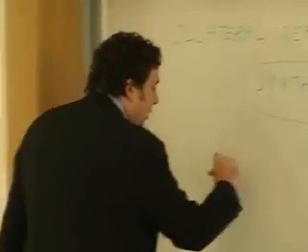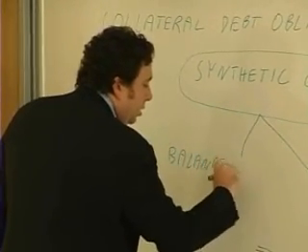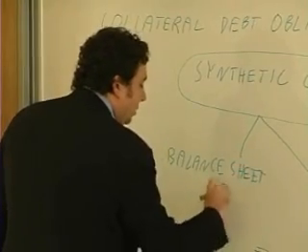That is called balance sheet CDO. So, when the main purpose for which the transaction is set up is to have less regulatory capital absorbed, that is a balance sheet CDO. Balance sheet because it's related to a balance sheet purpose.